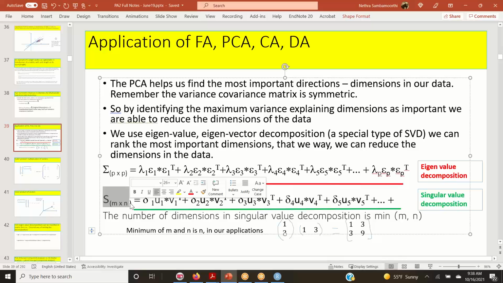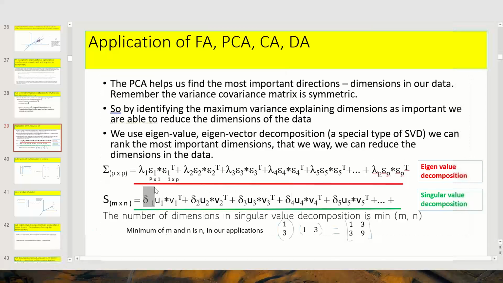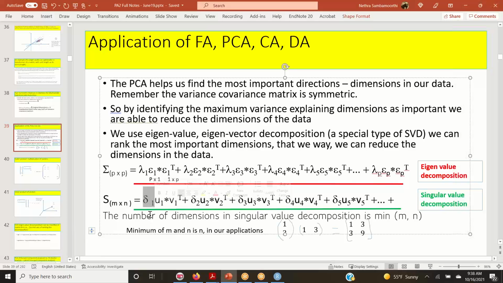That is called the decomposition in this case. First scaling value, highest scaling value, like before, it's also positive. Like before, it's a scaling value: delta 1, delta 2, delta 3, like that.